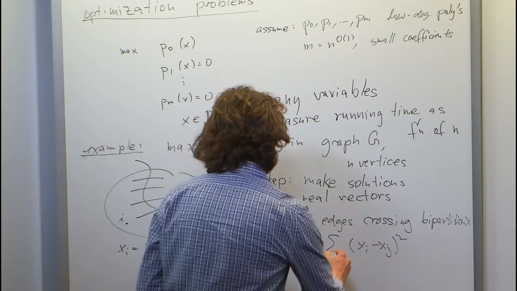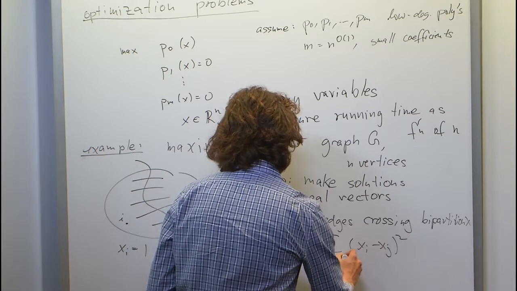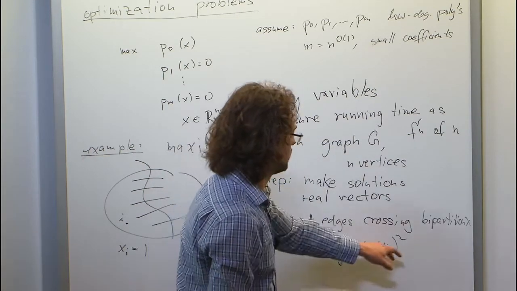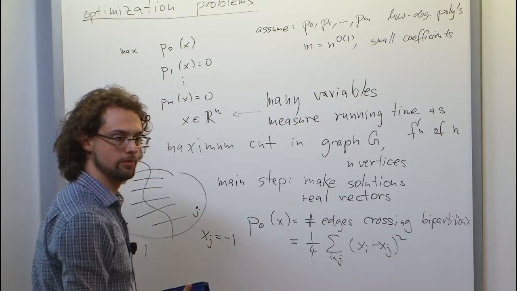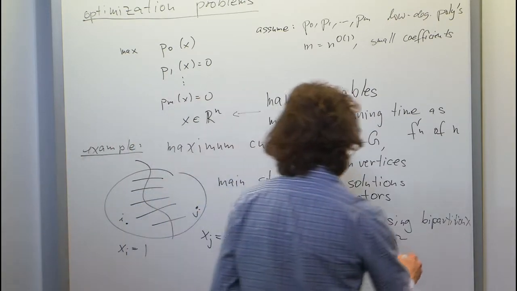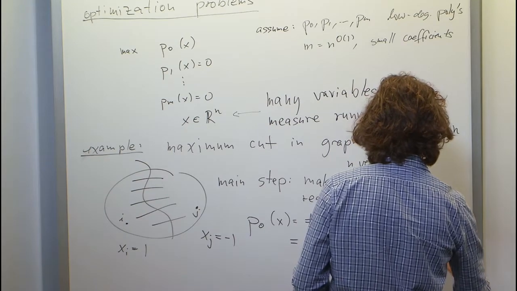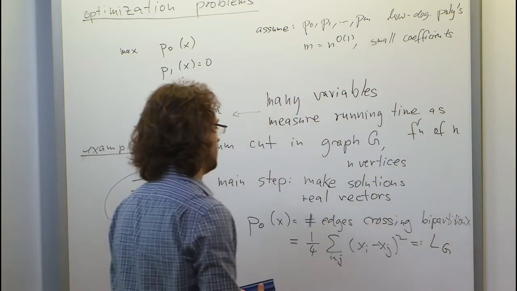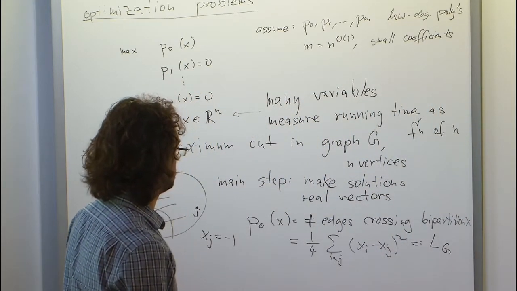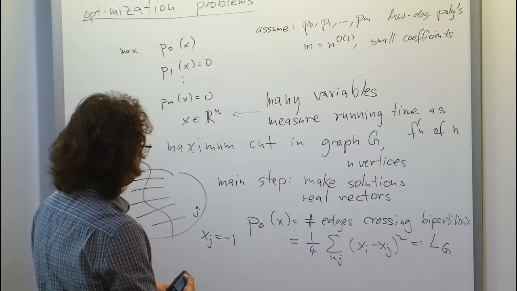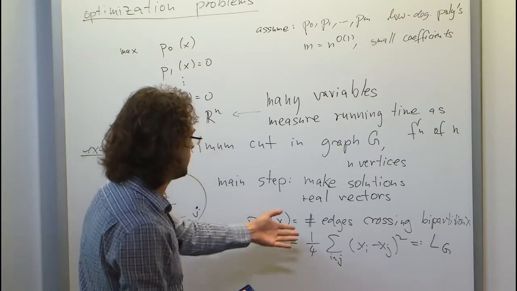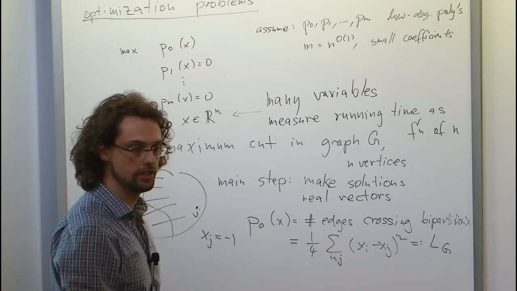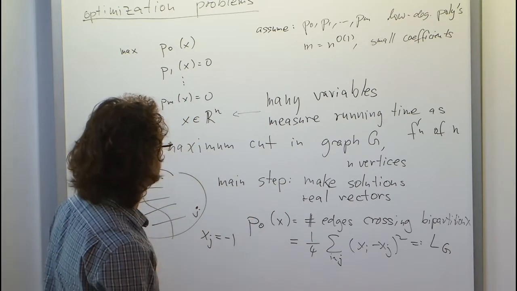Here we sum up over the edges of the graph these squares, and you see that they just count the number of edges that cross the bipartition. This is the Laplacian of the graph, which you've seen in Luca's talk. We're lucky that this polynomial is indeed a low degree polynomial, so this fits into what we said before.